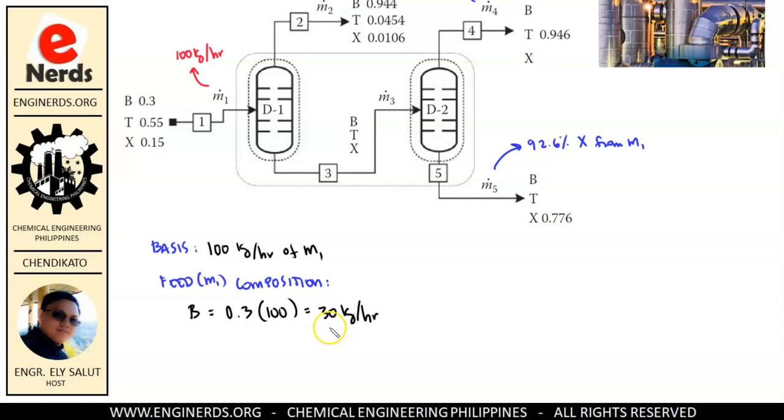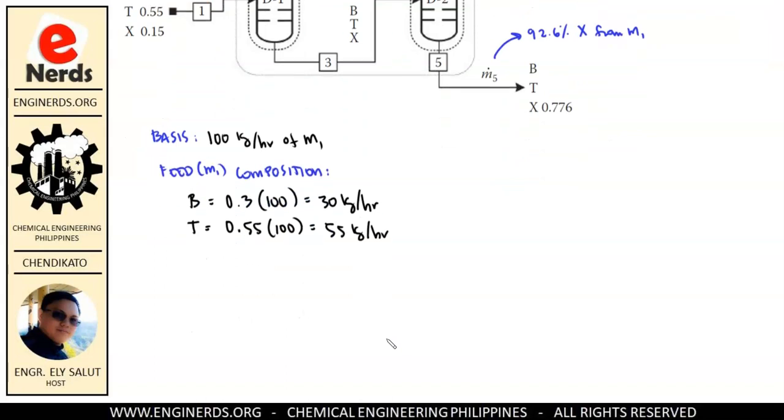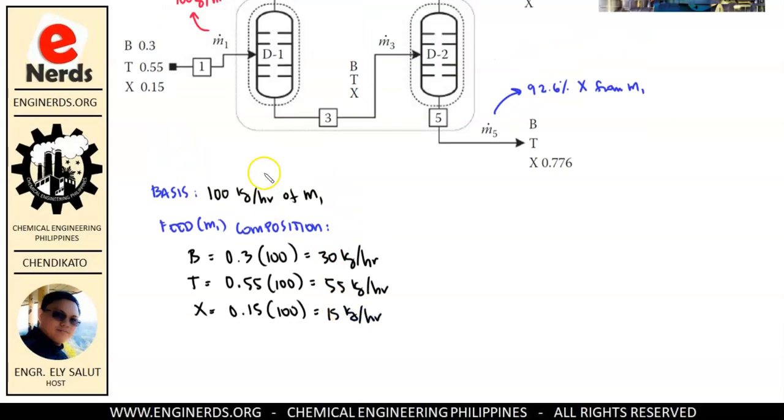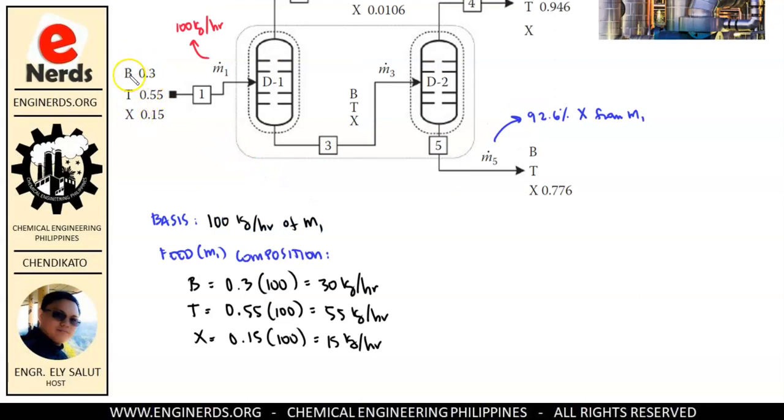Our toluene is 0.55 of 100, so this is equal to 55 kilogram per hour. And then for our xylene, we have 0.15 times 100, so this is 15 kilogram per hour. Okay, so meron na tayong values ng ating mga components dito.